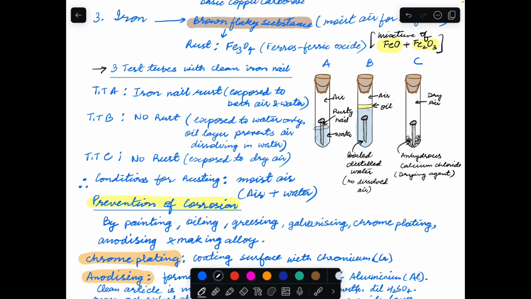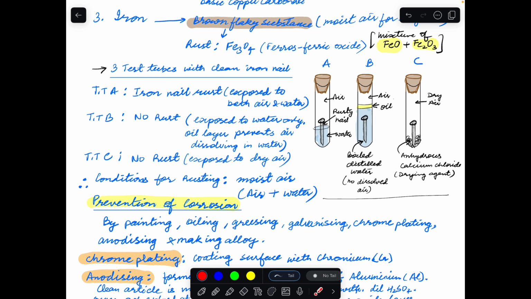Now, the idea of rusting, or the conditions needed for rusting, we will discuss here with the help of this experiment. In this experiment, they have taken 3 test tubes. In the first test tube, they have taken an iron nail and water. They have dipped this iron nail in water, and after this arrangement, they have put a cork.